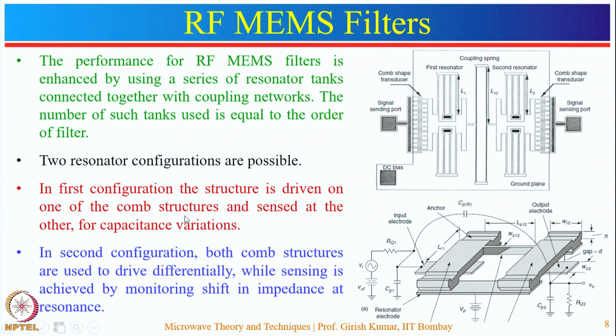Now, there are two topologies of these filters, series and parallel. In case of series filters, the resonant structures should be separated by the square truss spring, and the resonance frequency of these structures can be controlled by lowering the spring constant value of this square truss spring.